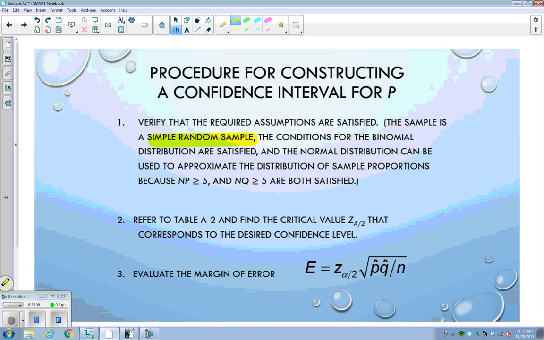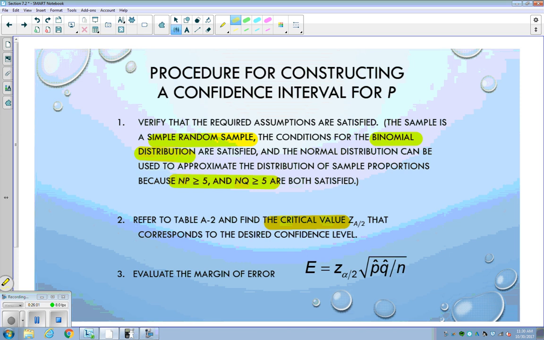Then you have to check for the conditions of the binomial distribution, and there are at least 5 yeses and nos. Okay? Find your critical values of z of alpha divided by 2.